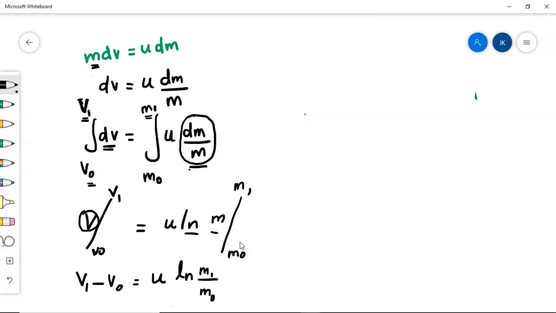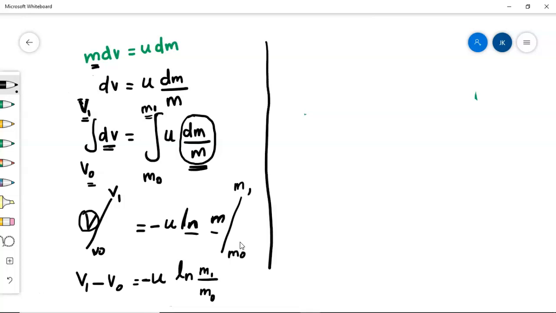So the integration of dm by m is equal to minus ln m. I forgot to put the minus here, so we need this.